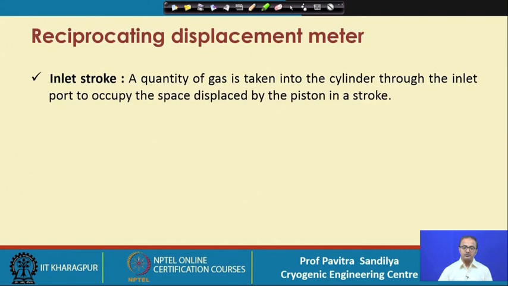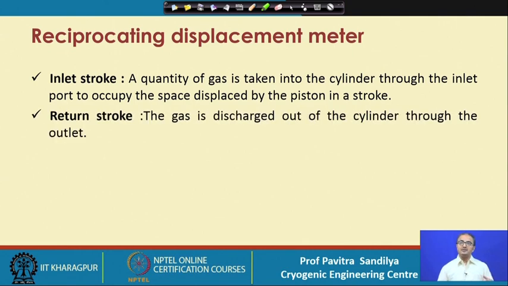First we come to the reciprocating displacement meter. In this we have an inlet stroke, during which the inlet port opens up and the outlet port closes, and the meter sucks some amount of fluid inside the chamber.